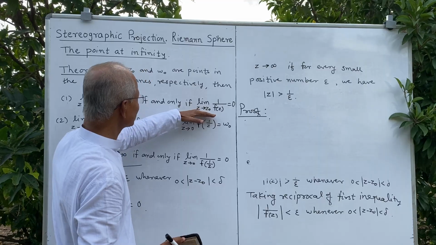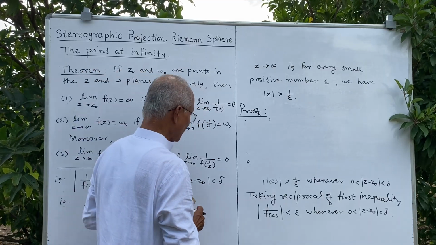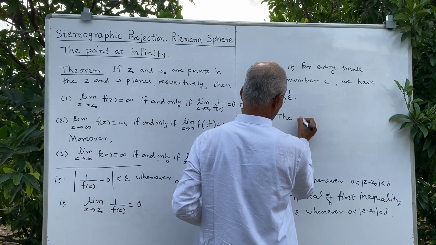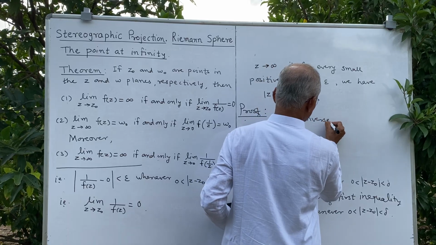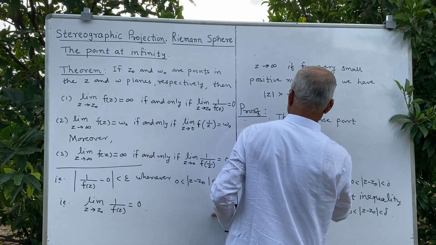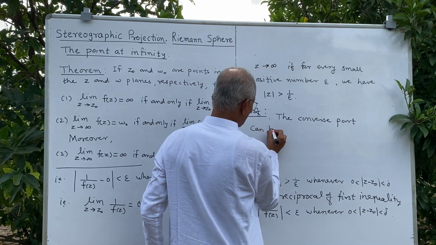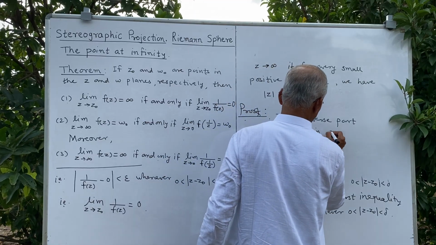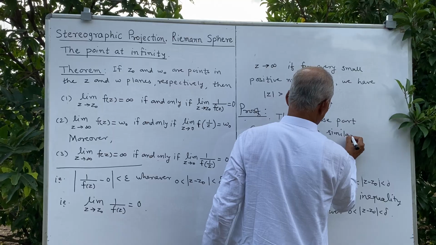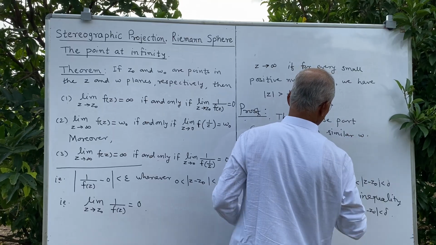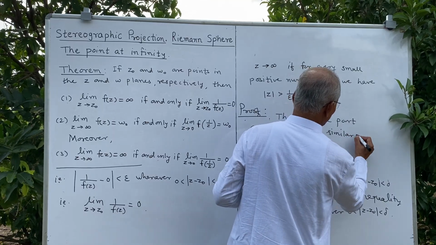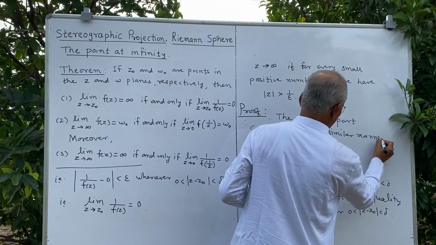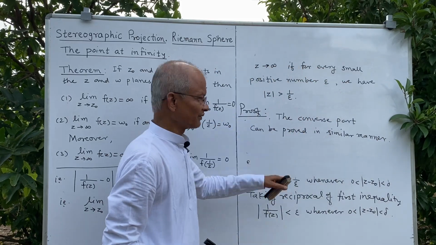So, starting from the second result we can obtain the first result. The converse part can be proved in a similar way, by writing the steps in reverse.